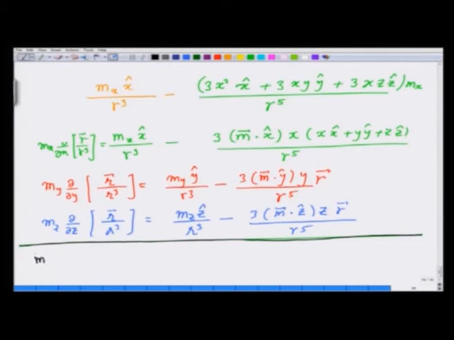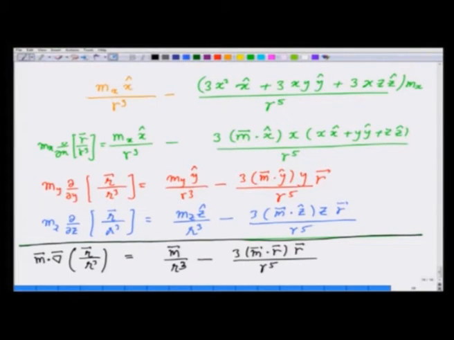I get m dot del acting on r over r cubed, that is precisely what the left hand side is equal to. mxx plus myy plus mzz gives me m vector again over r cubed minus m dot x unit vector x, y unit vector y, z unit vector z gives me 3 m dot r vector times r is outside divided by r raised to 5.